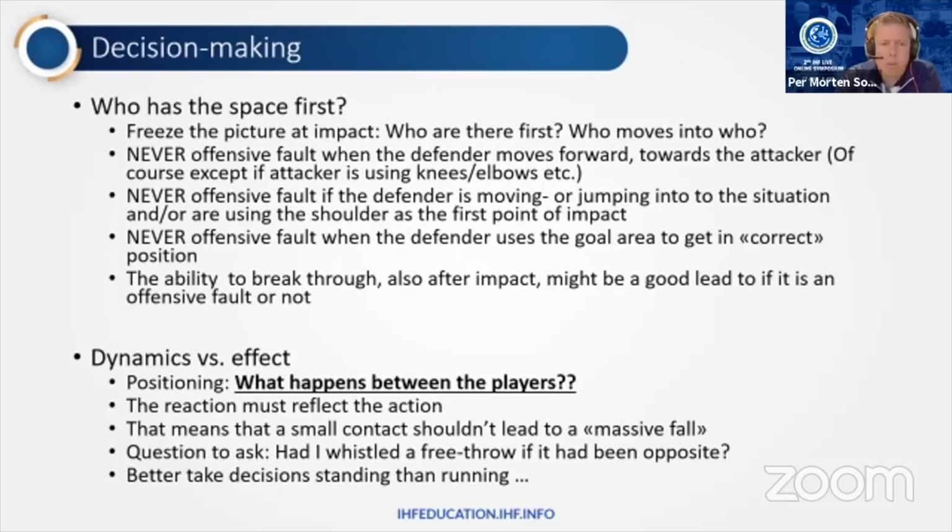And of course, taking decisions is easier when we stand than if we are running. If we are running behind the game and something happens, we are in motion. It makes it a bit more difficult for us to see and take the right decision. Or if we are already on the spot, prepared for what's going to happen, and we are standing there watching what's happening.